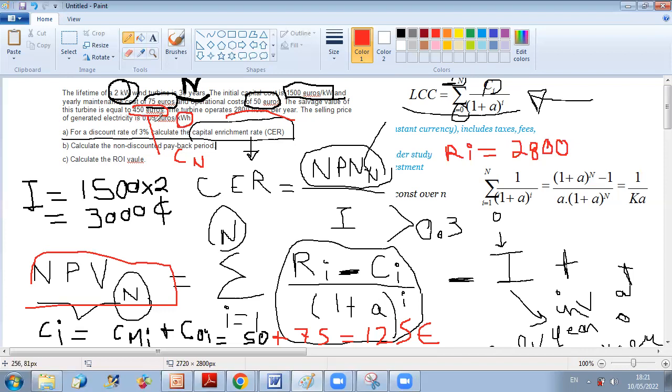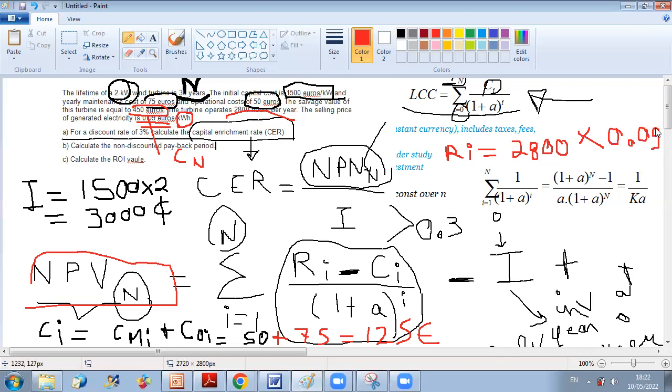So we know the amount of money that we should pay per kilowatt hour. Because each kilowatt hour you can sell for 0.09 euros, in total your income will be per year 2,800 times 0.09.